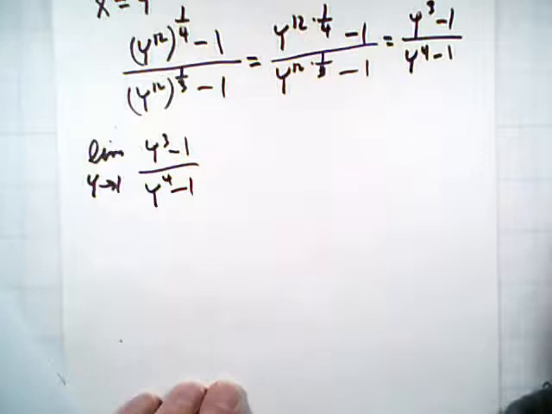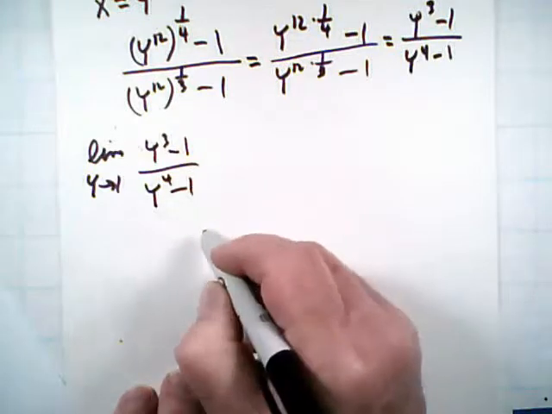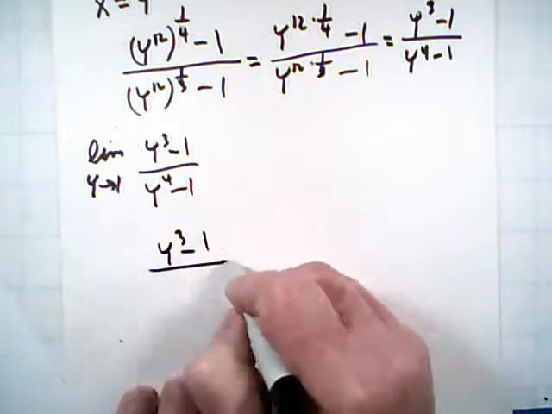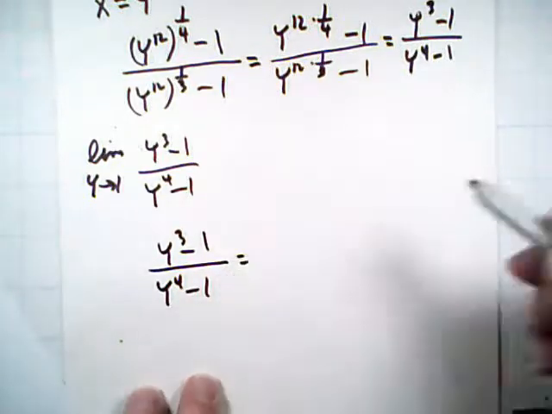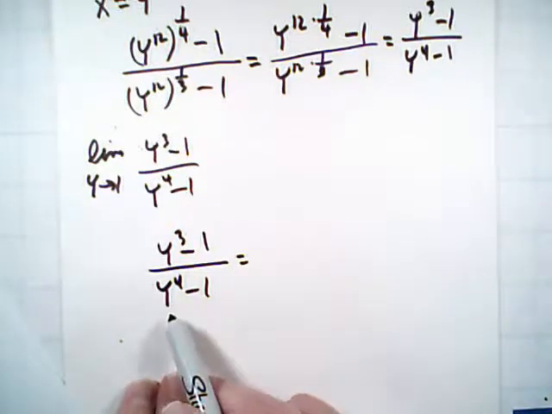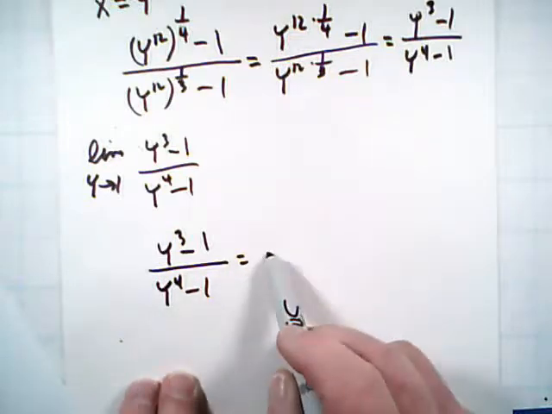What we're going to try to do now is factor the numerator and the denominator. So let's write down here y cubed minus 1 divided by y to the 4th minus 1. Well, what do you notice? Perhaps you notice that y to the 4th minus 1 is a difference of two squares. Y to the 4th is the square of y squared.